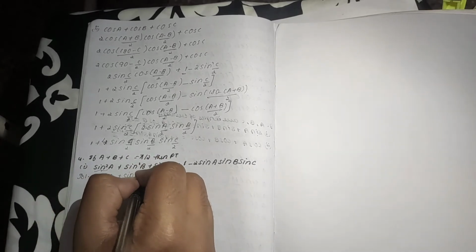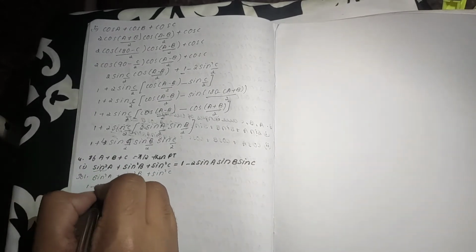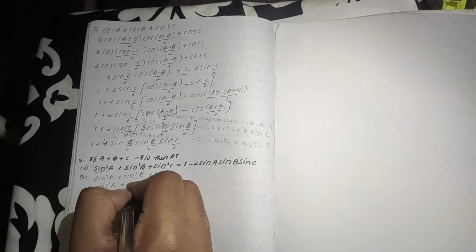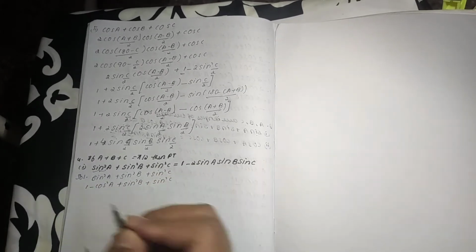So in order to prove this sum, convert this sin square using the identity sin square theta plus cos square theta is equal to 1. So this is sin square A plus sin square B plus sin square C, which is 1 minus cos square A plus sin square B plus sin square C. Take minus common from these two terms: minus of (cos square A minus sin square B).